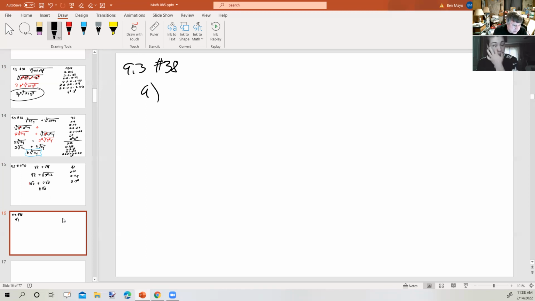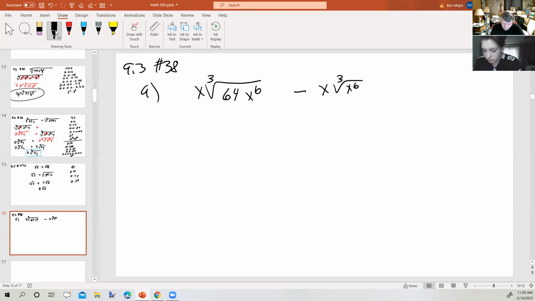We have x times the cube root of 64 x to the 6th minus x times the cube root of x to the 6th. All right, well, 64 is 4 times 16, or 4 times 4 times 4, or 4 cubed.